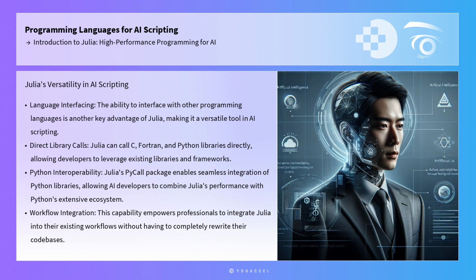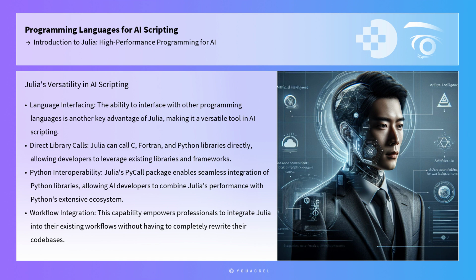The ability to interface with other programming languages is another key advantage of Julia, making it a versatile tool in AI scripting. Julia can call C, Fortran, and Python libraries directly, allowing developers to leverage existing libraries and frameworks. This interoperability is particularly useful in AI, where Python's TensorFlow and PyTorch libraries are popular choices for deep learning.